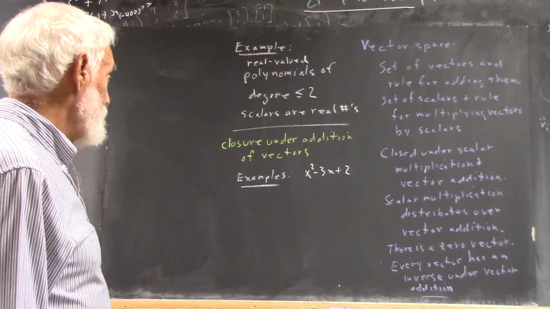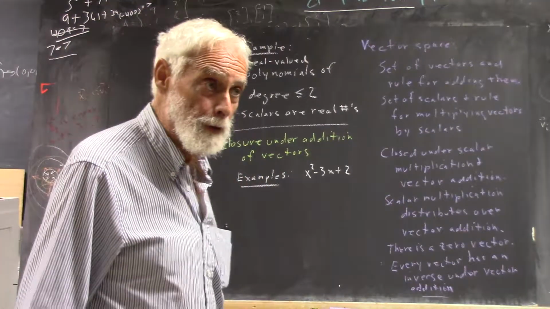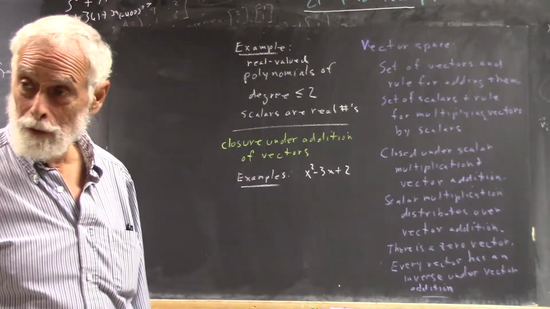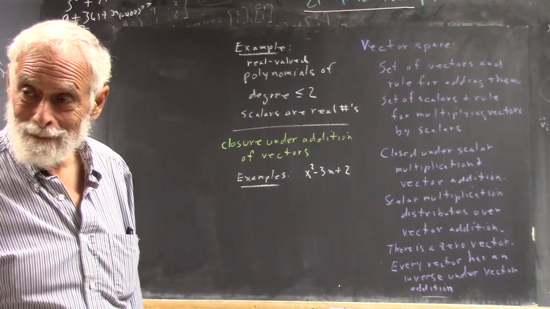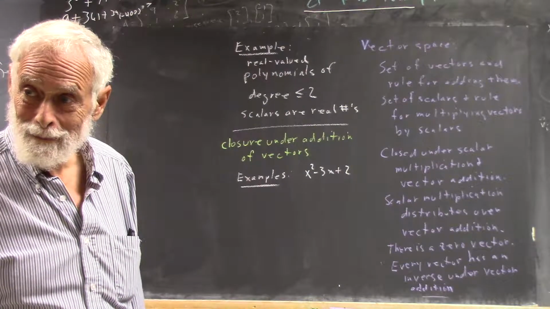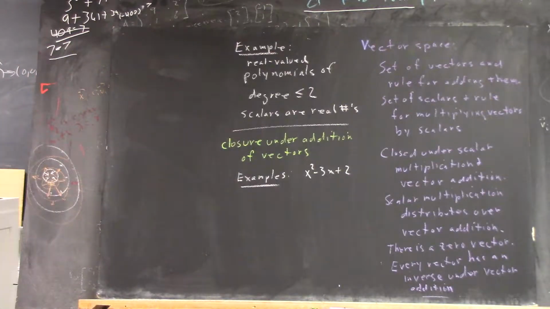That's one. Now we have to do closure under addition, so we're going to need at least two polynomials, right? Give me another polynomial. 3x squared minus 2x plus 0.